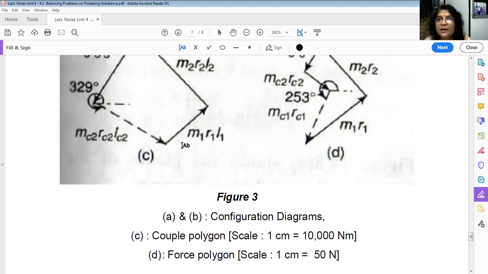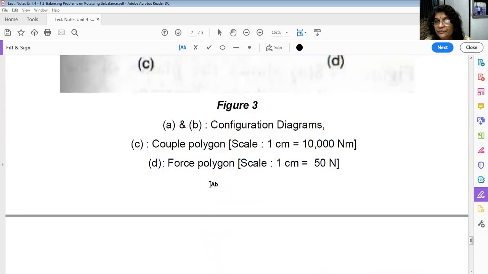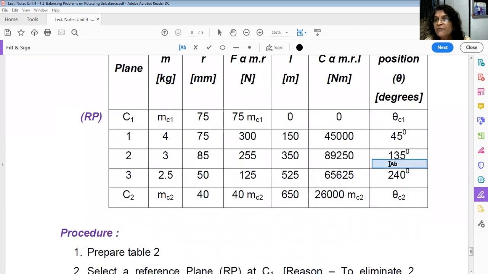Now this is point number 1. So this is O1. Understood? Now we are here. Now we have to draw the second vector, M2, R2, L2. What is this angle? See, this angle is given as 135. The magnitude is 89,250 Newton meter. Angle is 135 degree.